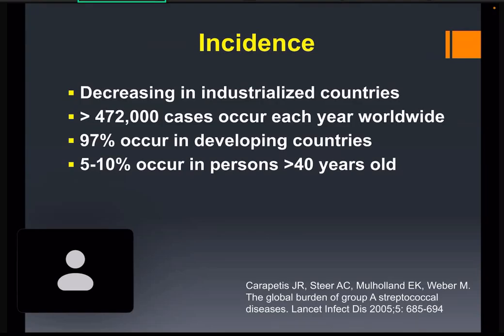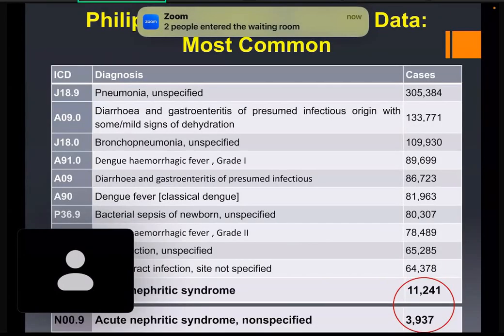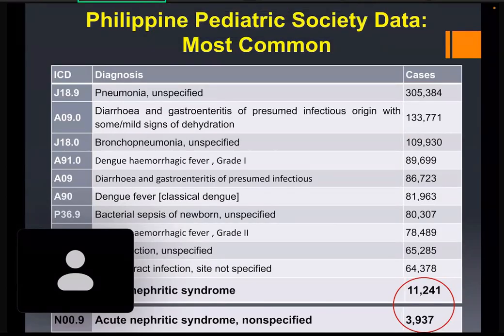However, in developing countries, in our country, of course, it's very common. Actually, it occurs even in older individuals, at least up to 40 years old. So if you are not 40 years old right now, you can still have acute GN.